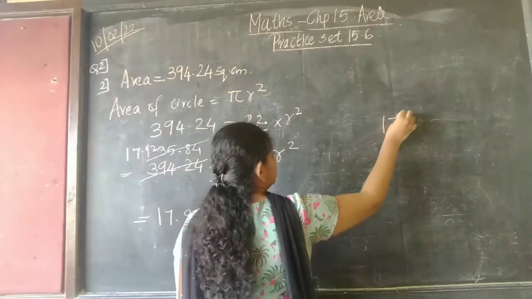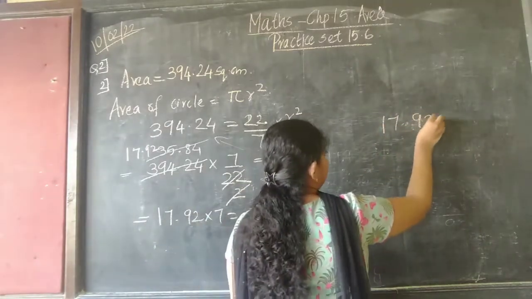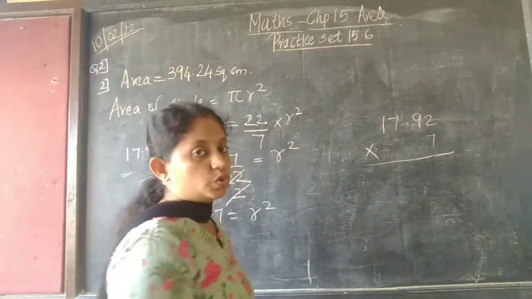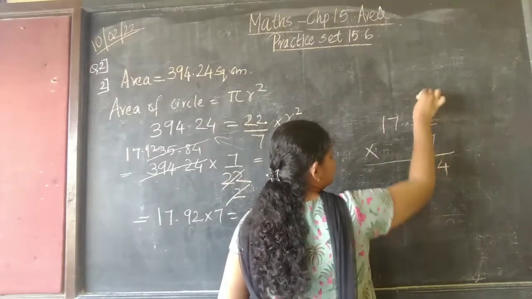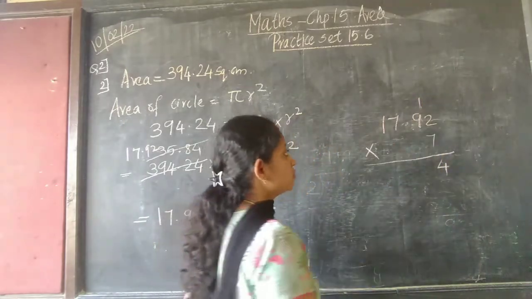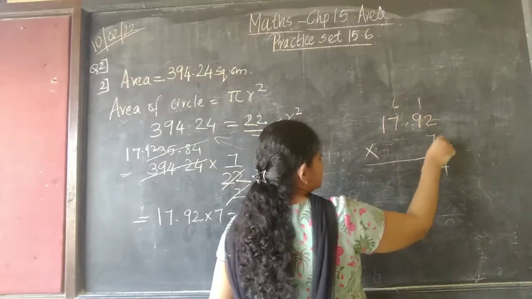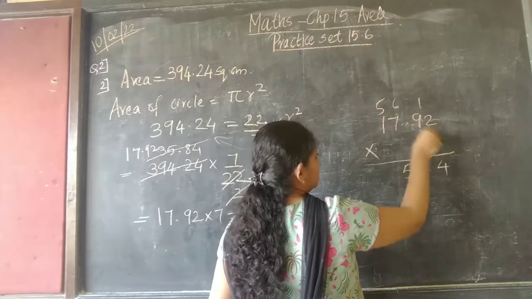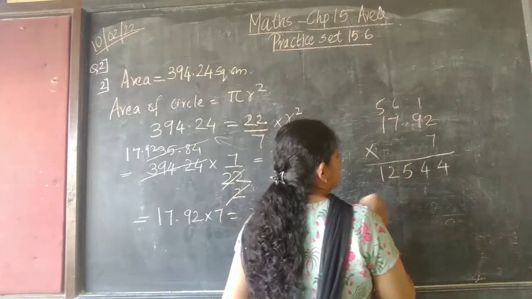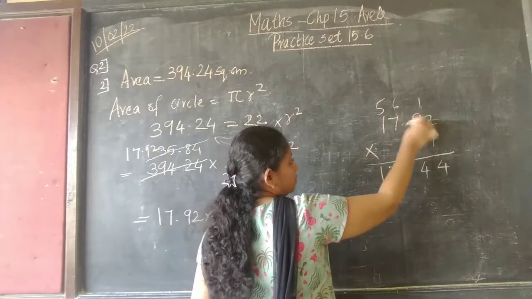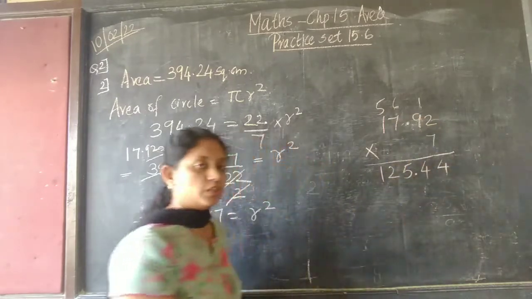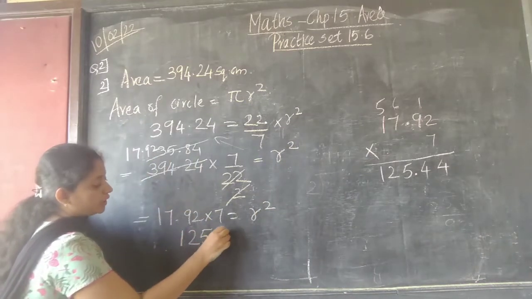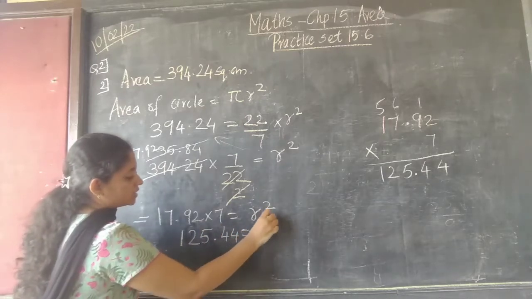Now 17.92 into 7. 7 2s are 14. 7 9s are 63 plus 1, 64, 6. 7 7s are 49. 49 plus 6, 55. 7 1s are 7 plus 5, 12. And there is a decimal point, so here also before 2 numbers you are going to put the decimal point. So what answer you got? 125.44 is the r square.